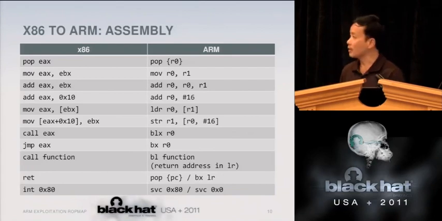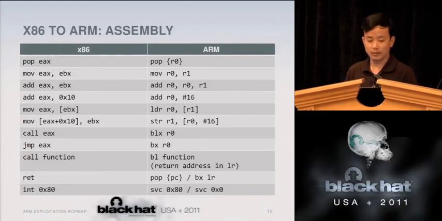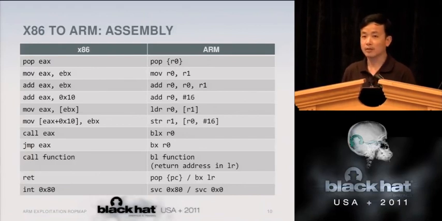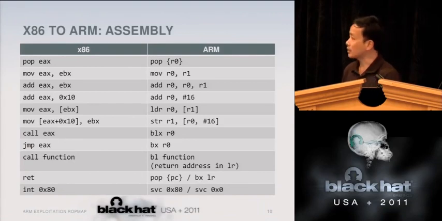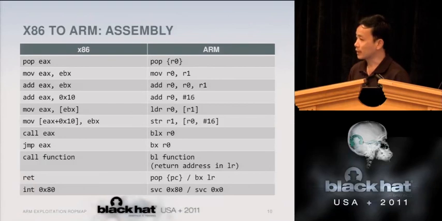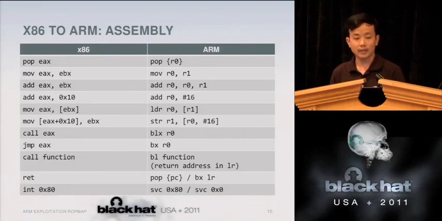In x86, we just have the move instruction, which moves a value from memory to register or vice versa. But in ARM architecture, there are two different instructions: LDR to load a value to a register, and STR to store the register to memory.